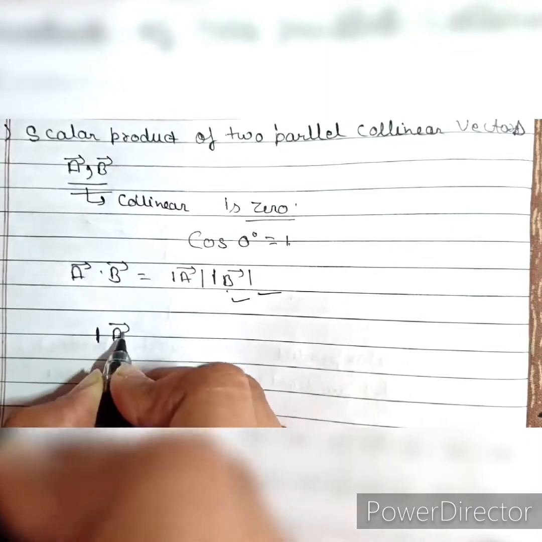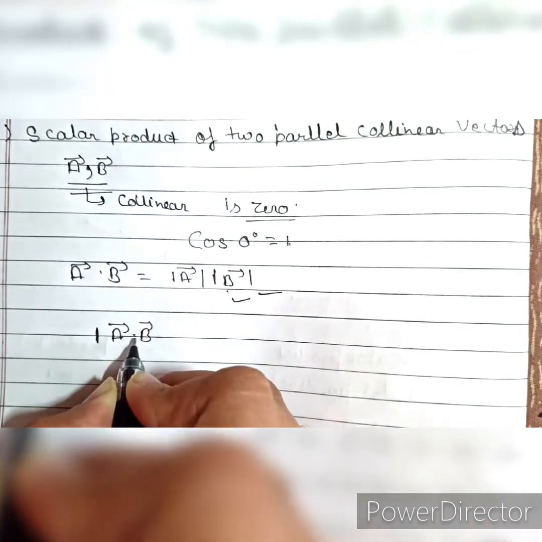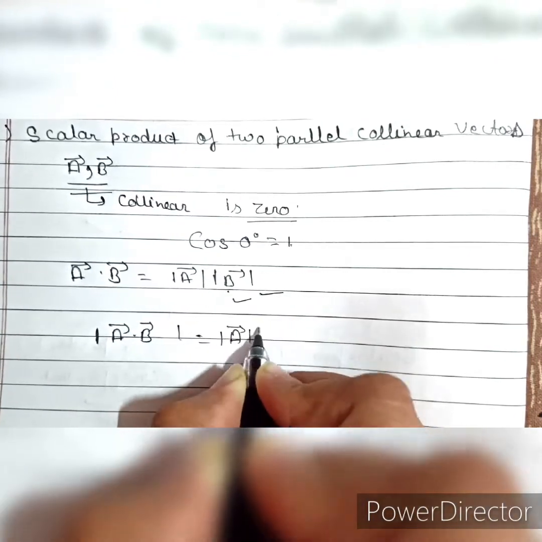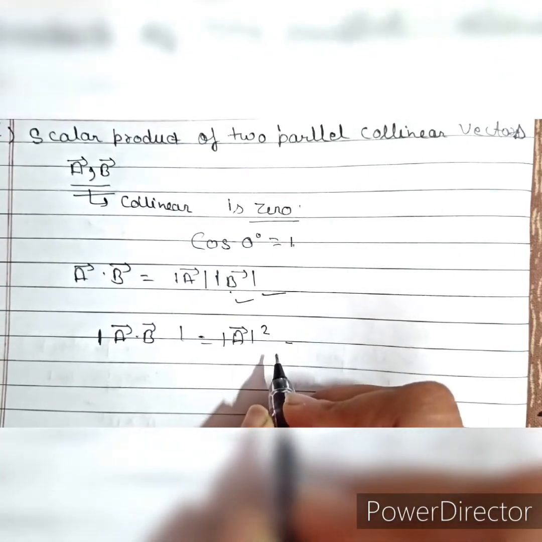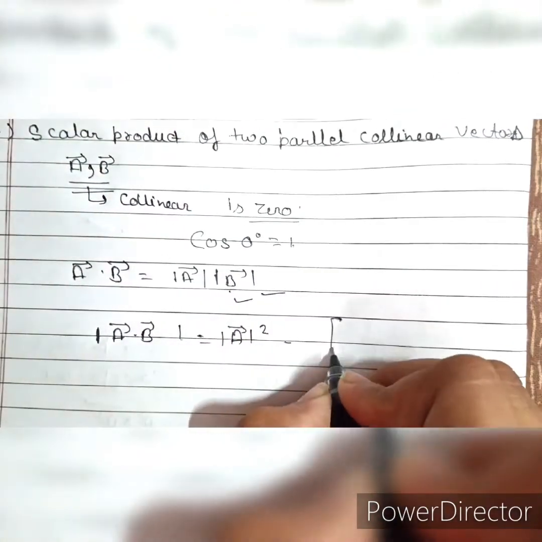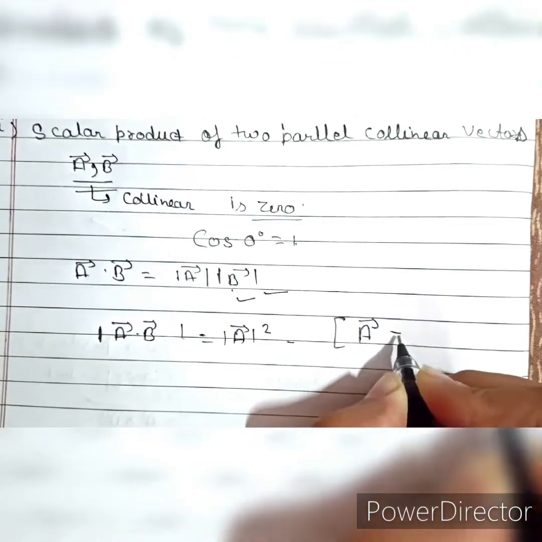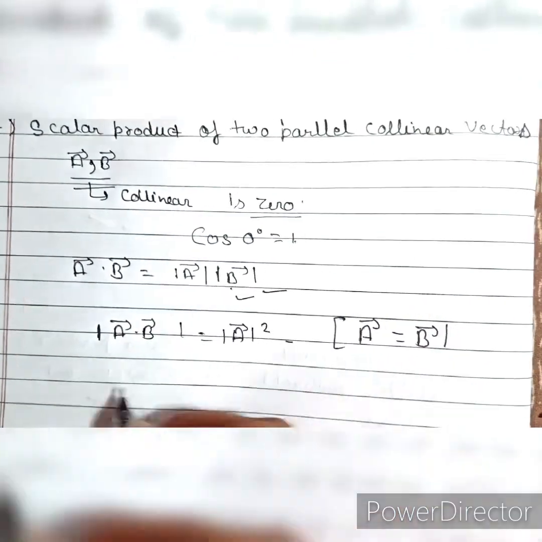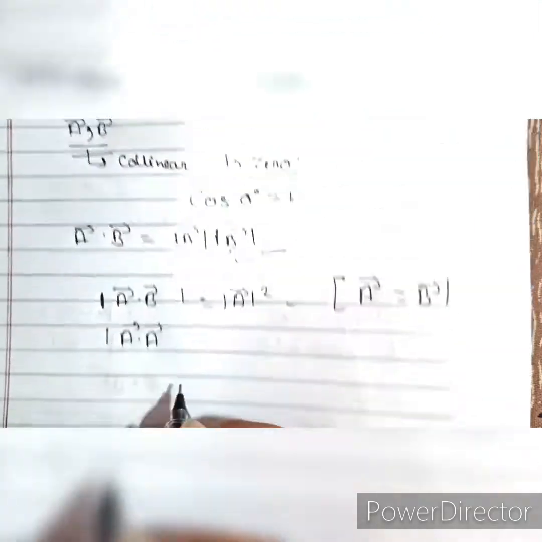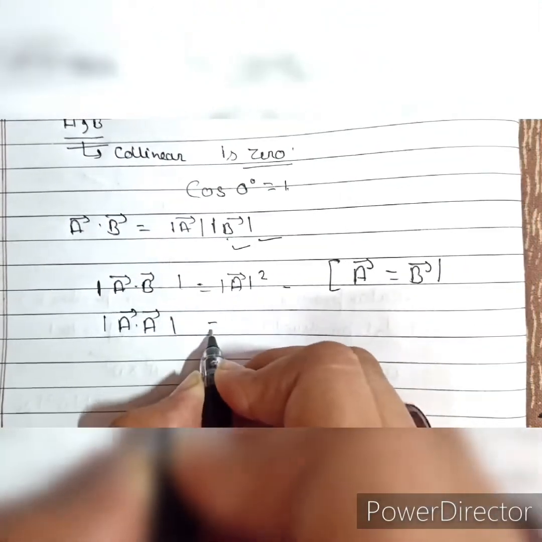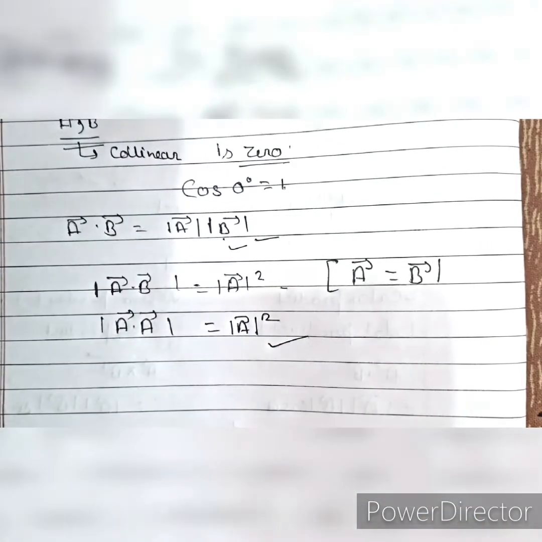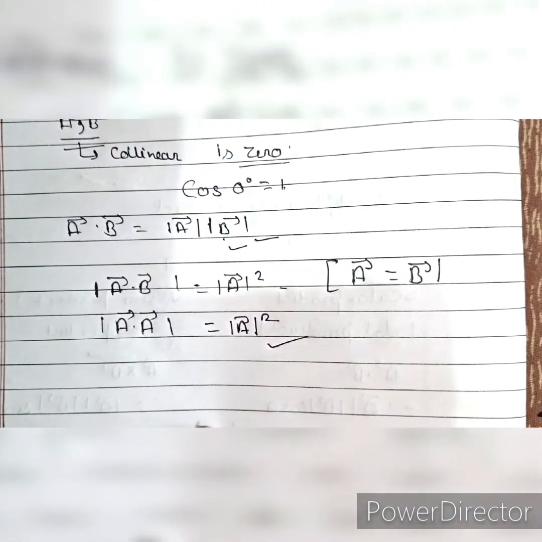So A dot B is equal to the square of the magnitude of A. Here we can say that vector A is equal to vector B, and the dot product of the same vectors is the square of its magnitude.